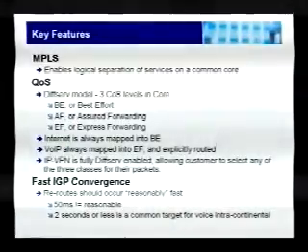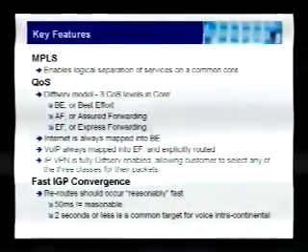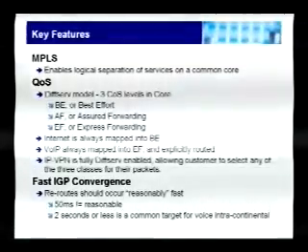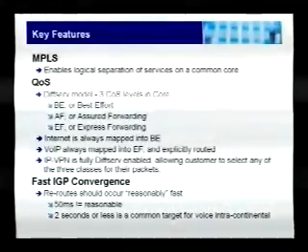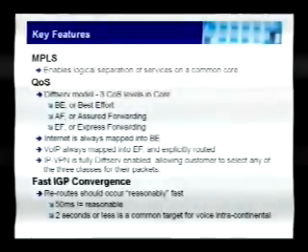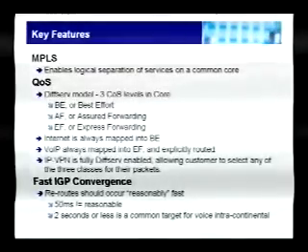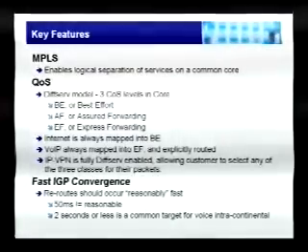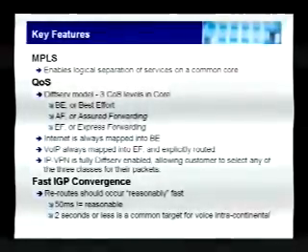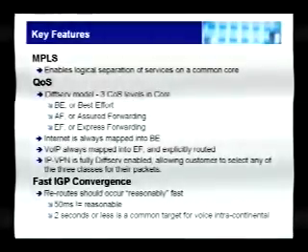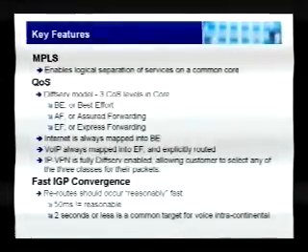The key enabling feature behind this is MPLS, at least for Global Crossing it is. It's not necessarily the only capability or feature that you can use to implement that. Also, QoS is a key feature in your core. We use the differentiated services model with three classes of service in the core, BE, AF, and EF.